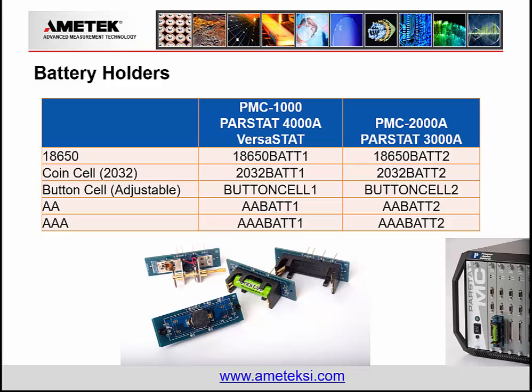The real value here too is that you don't need an extra cell cable to get to the battery. I told you these impedances are low, and when you put on large, long cell cables, it provides additional opportunity to pick up noise or inductance or have other things that limit the success of the measurement. To optimize that measurement, we can remove that cell cable and make measurements directly at the battery.